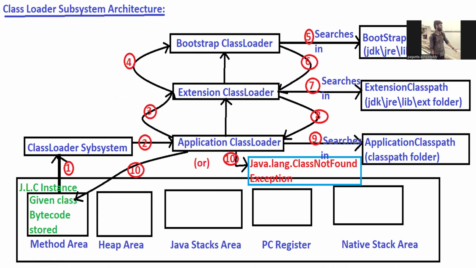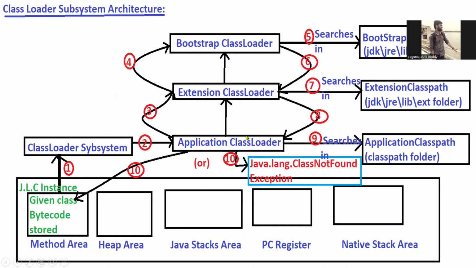Whenever the class loader subsystem is requested, it goes to the application class loader. Why does it request? So that it can load the bytecode. If this bytecode is not available in the method area, the JVM requests the class loader subsystem to load the class. The application class loader delegates the request to the extension class loader, and then to the bootstrap class loader.